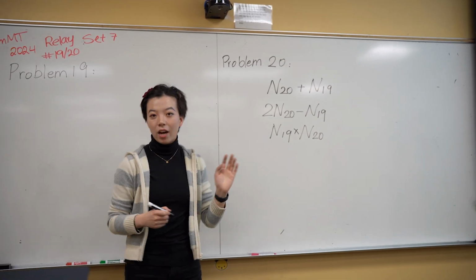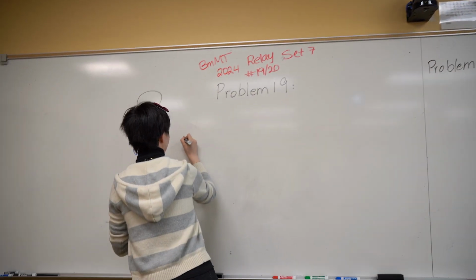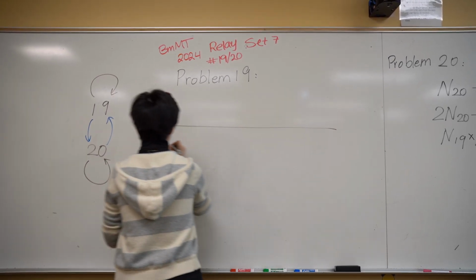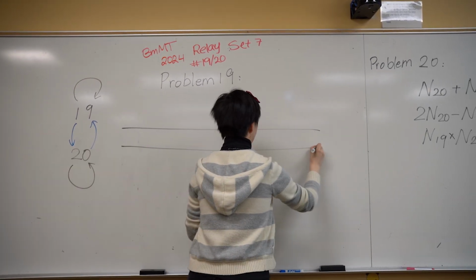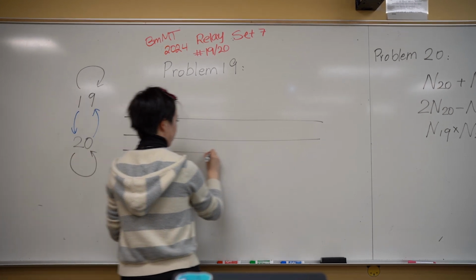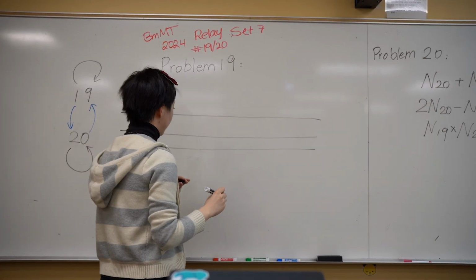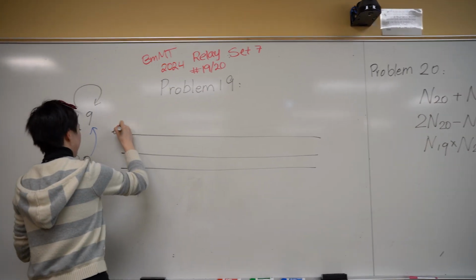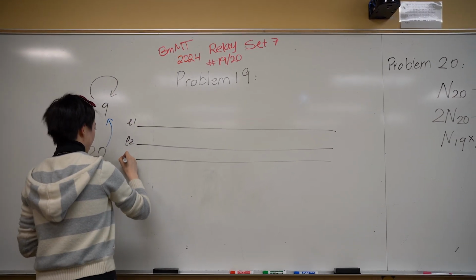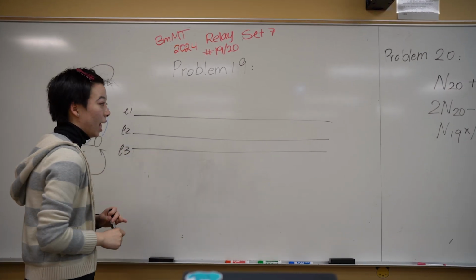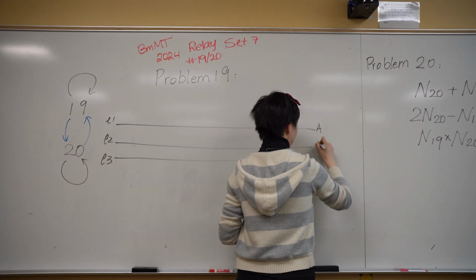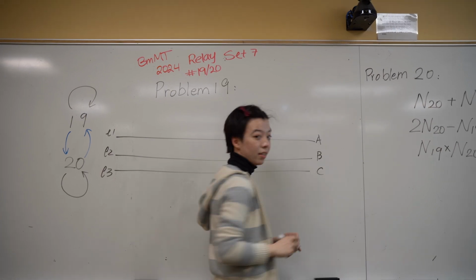So now let's look at our question 19. In question 19, what we have is 3 parallel lines together. Let's draw them out like this. Alright. Our first line is L1, our second line is L2, and our third line is L3. And we also have the fact that A lies on L1, B lies on L2, and C lies on L3.